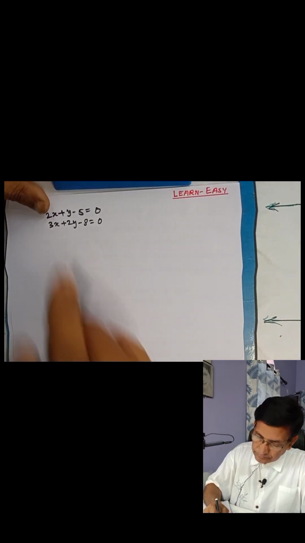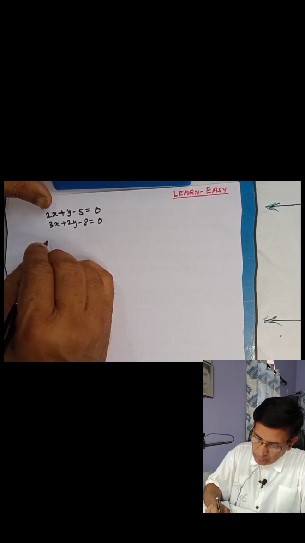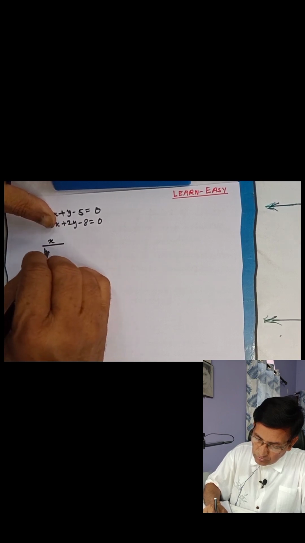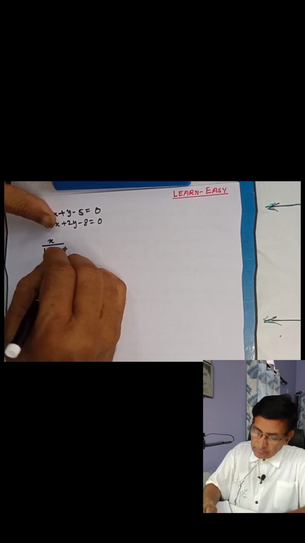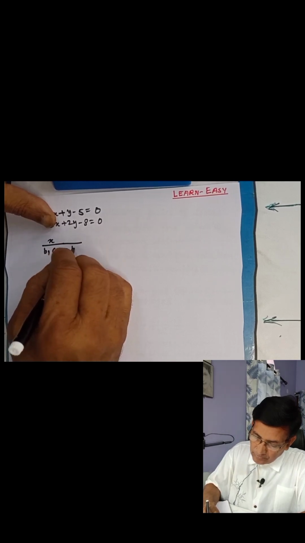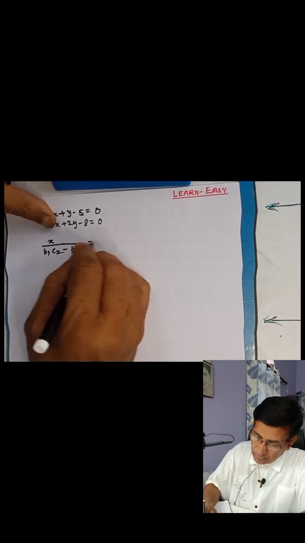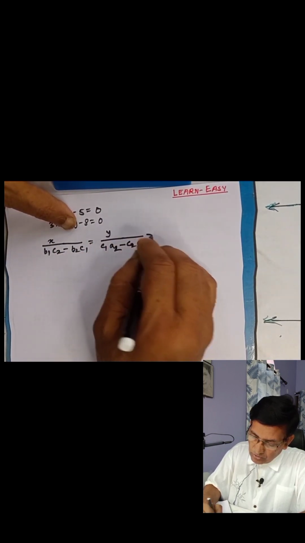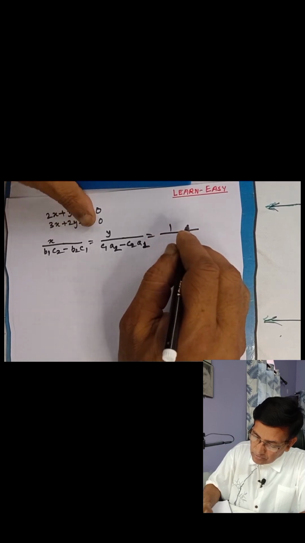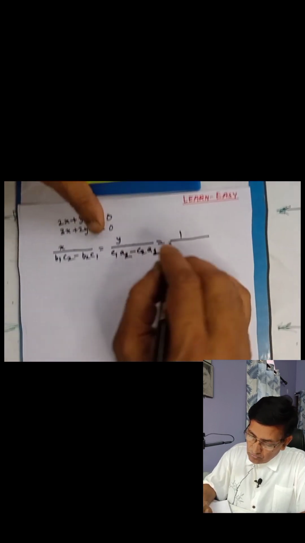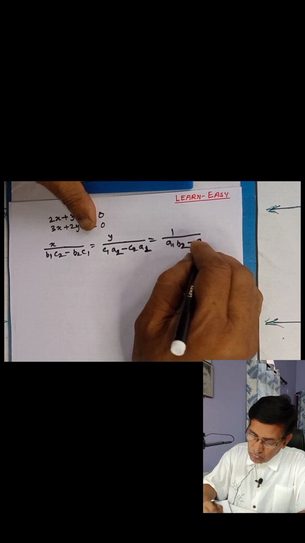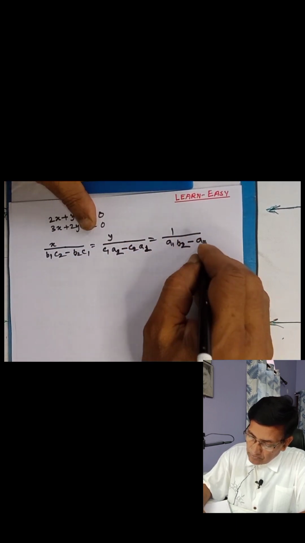Formula is, we can write x by b1 c2 minus b2 c1 is equal to y by c1 a2 minus c2 a1 is equal to 1 by a1 b2 minus a2 b1.